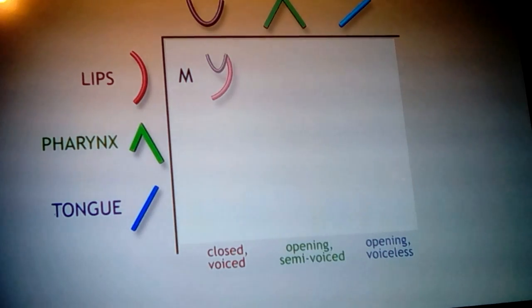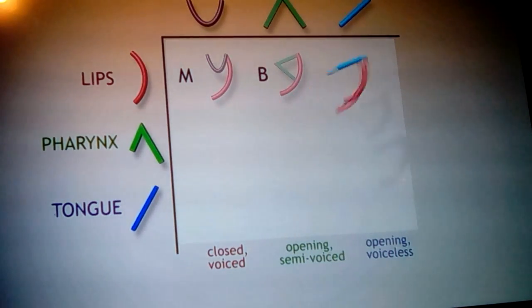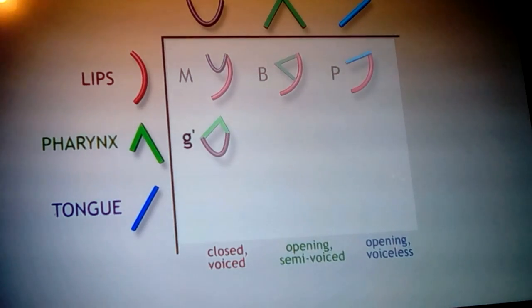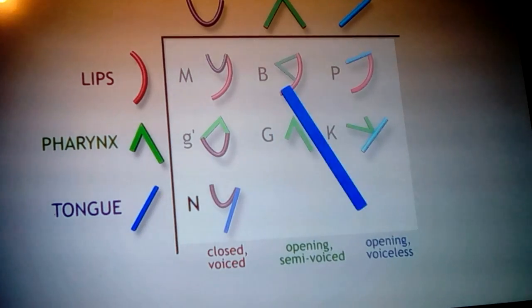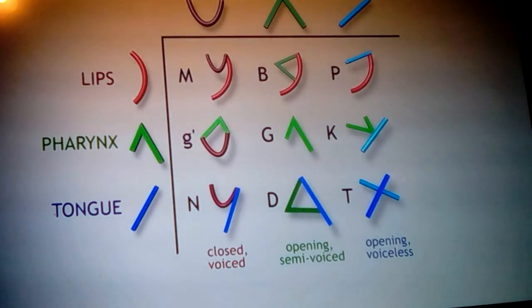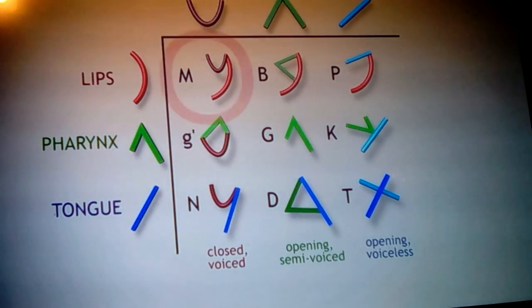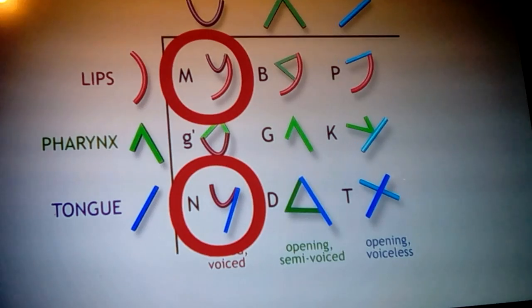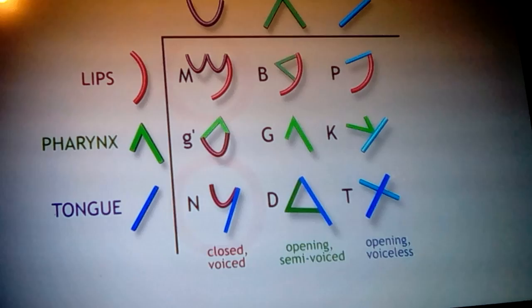And this creates a matrix of 3 and 3, and putting together these symbols, we get 9 different kinds of marks. What is important to notice here is that now the marks for the letters m and n are very similar. They are also very similar as sounds, but we need to distinguish them from one another. So let's add another arc to letter M, so we can clearly distinguish it from N.